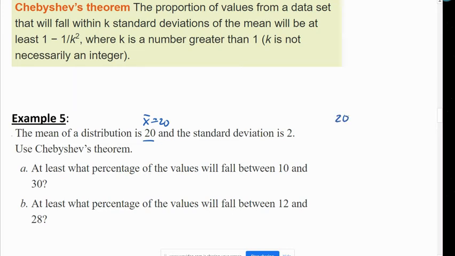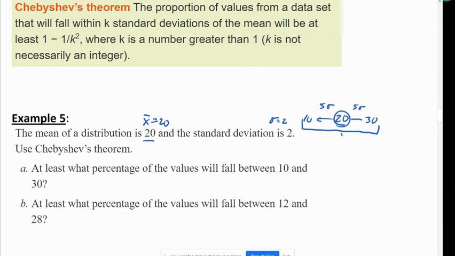So our middle is 20. So we're going down to 10 and up to 30. The standard deviation was 2. So if sigma equals 2, then this is 5 sigma and 5 sigma. So both of these values are within 5 sigma of the middle 20.